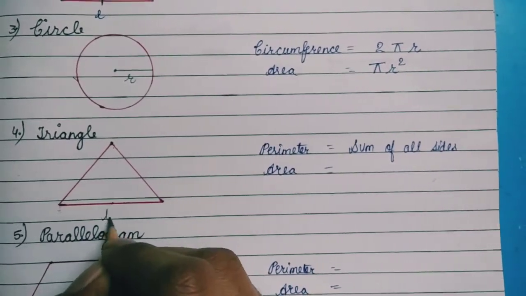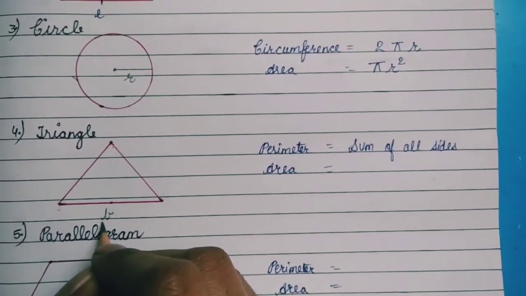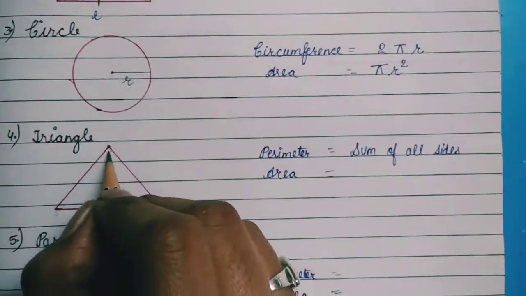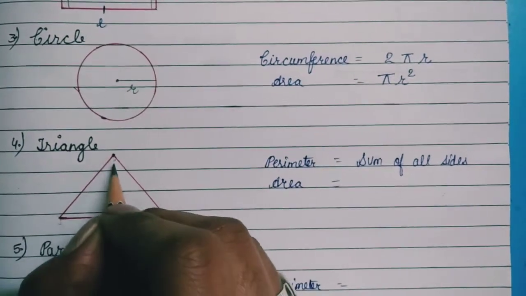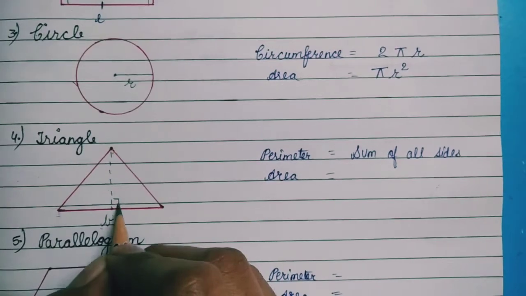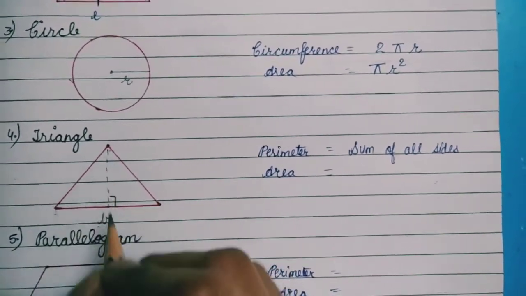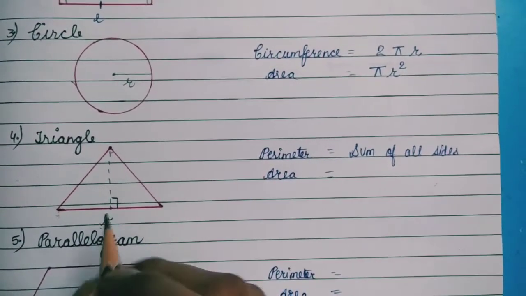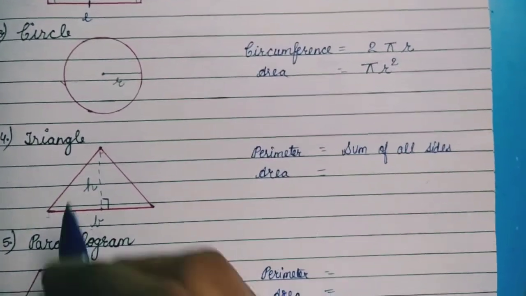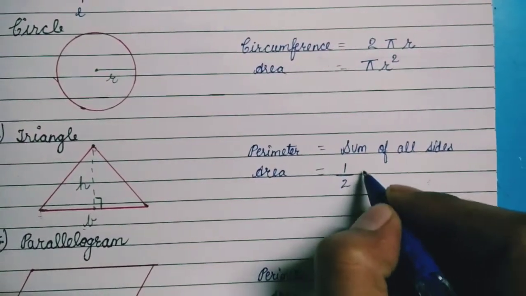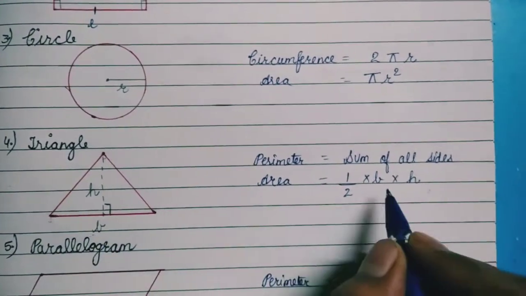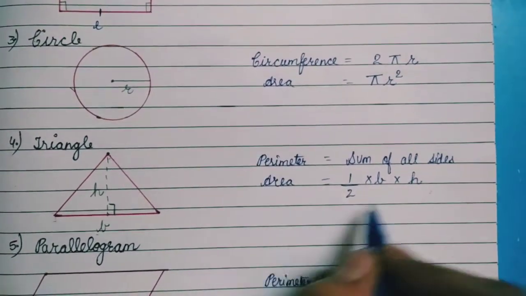Then the base is here, and the top peak point is here, and when we draw a line segment from the top to the base, it will meet at 90 degrees. The length from this point to the base is known as height. So the area of a triangle is 1/2 into base into height.